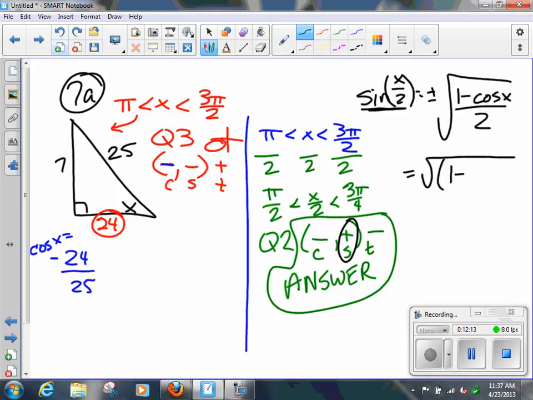How'd you know that? Because you just found it over there. Negative 24 over 25, divided by 2. Y'all with me? I got minus a negative, which is actually plus a positive, right? So we have 25 25ths plus 24 25ths divided by 2 over 1.